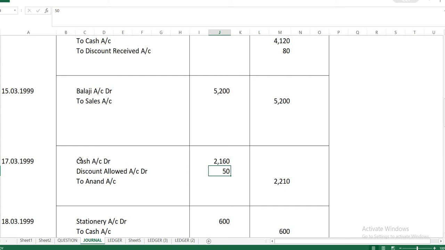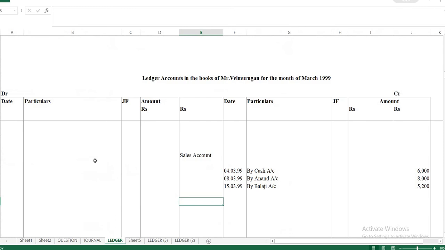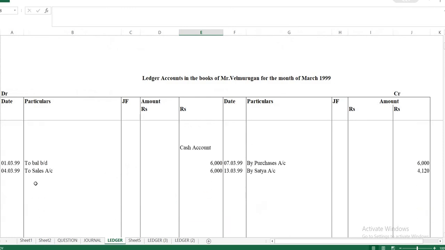So first let us do it only for cash account and we can come back. In cash account, when passing, you have to show to Anand account. Okay, so we can go to the 17th, it has taken place, and 2160 rupees. So cash account, we can move. So this is our cash account. In this, to Anand account. From Anand we are receiving, so to Anand account is a giver.